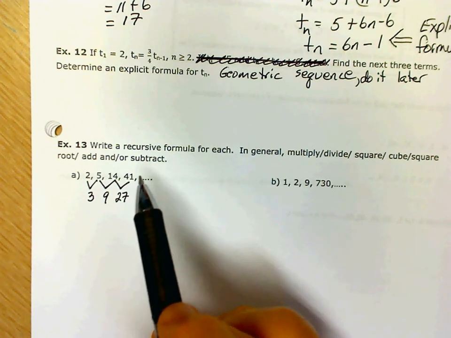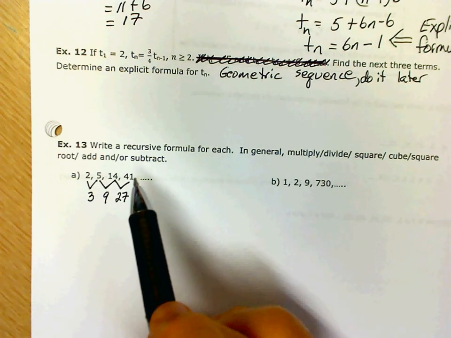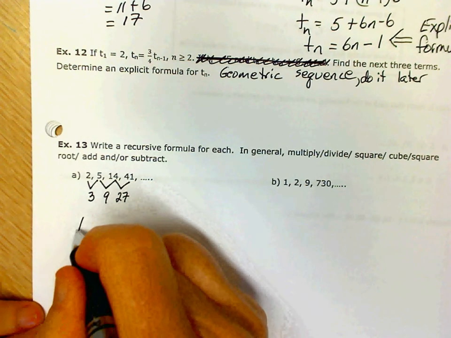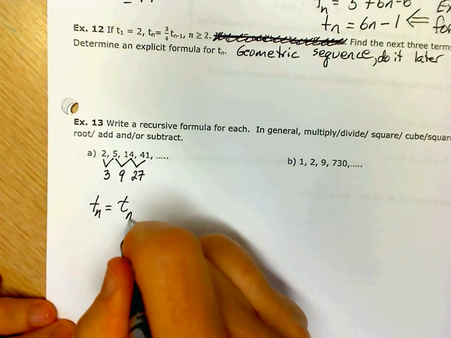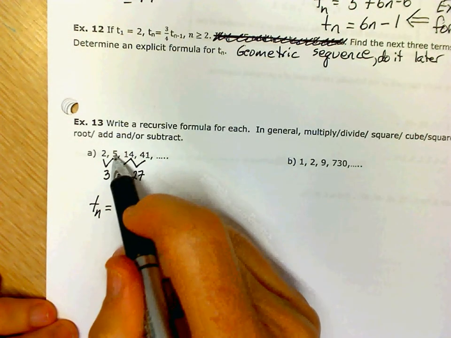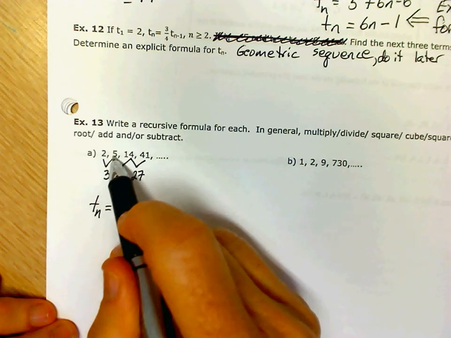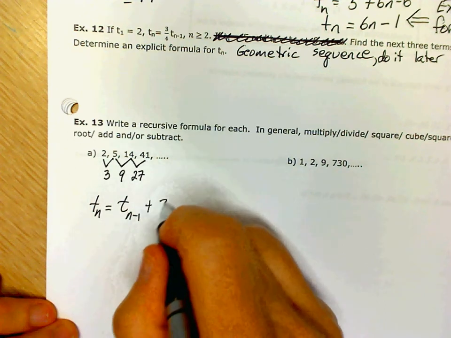Okay, so let's see. Tn equals the previous term, plus 3 to the n minus 1. So watch.